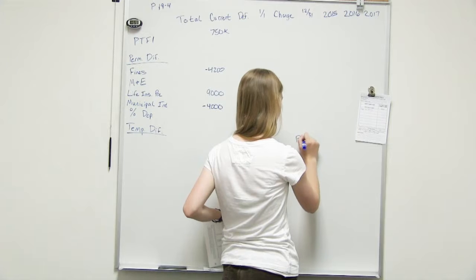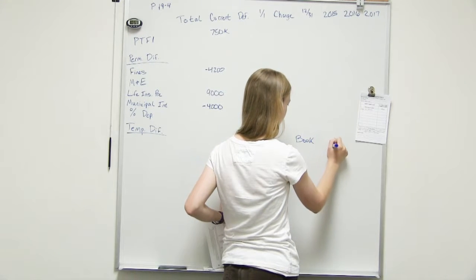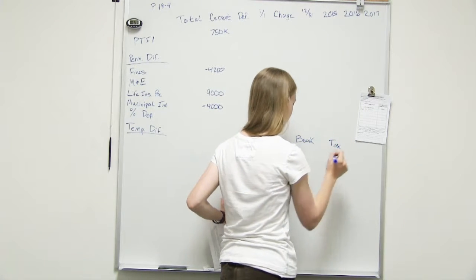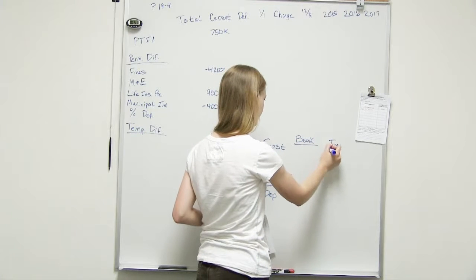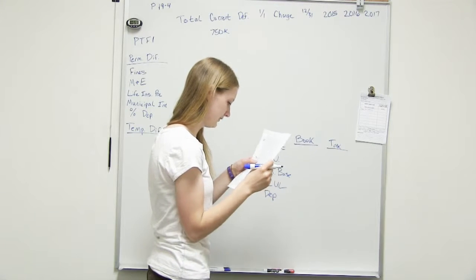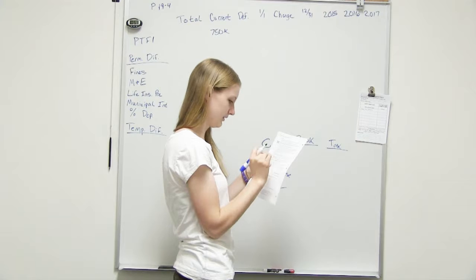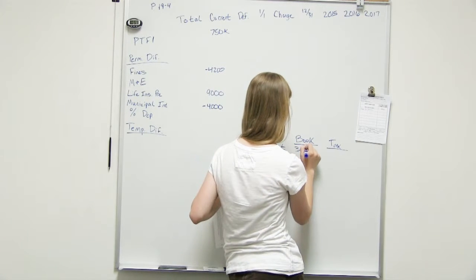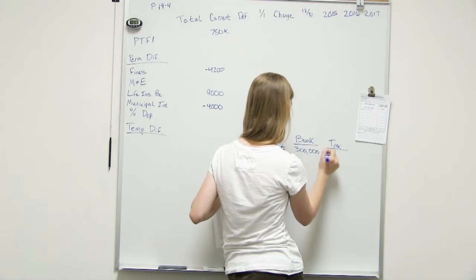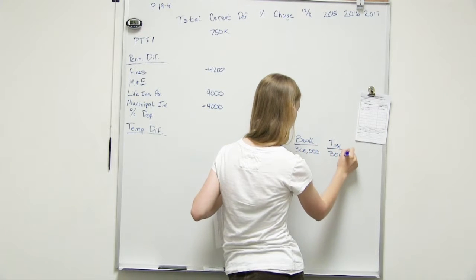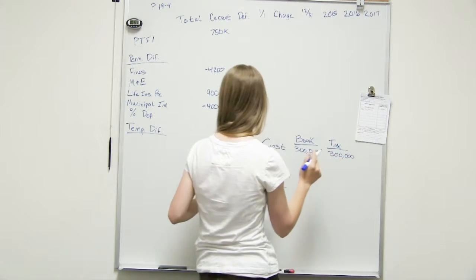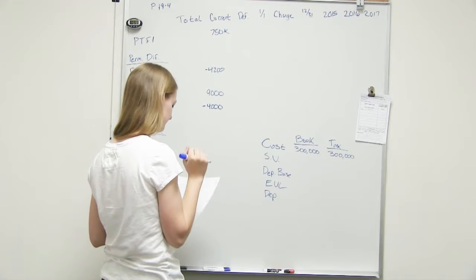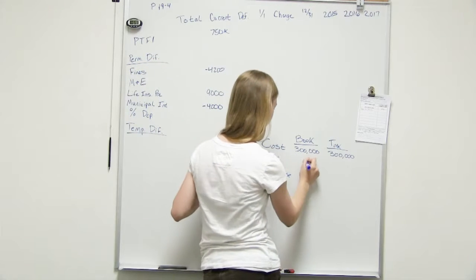Then we're gonna have book and tax. So it's $300,000 for both. And then there wasn't any salvage value.